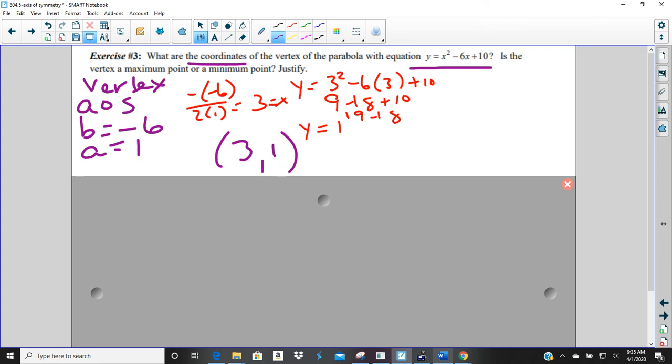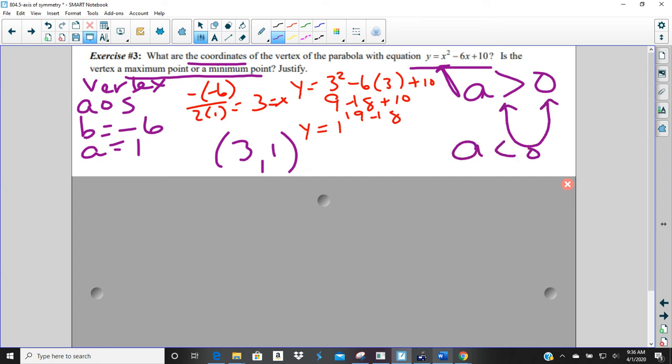Last question, is this a minimum or maximum? Remember, it's a minimum or maximum if the lead coefficient, the A term, is positive. It would be a minimum because when A is greater than 0, it's going to be pointing upward. And if A is less than 0, it's going to be pointing downward.